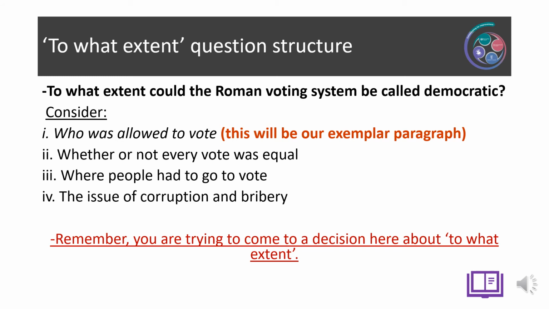Now remember, in a "to what extent" question, you are trying to reach a decision about the extent of your issue. In this case, to what extent could the Roman voting system be construed and called democratic?